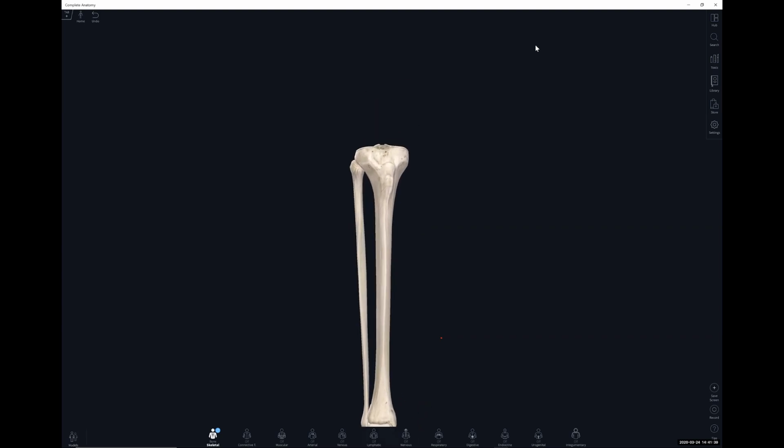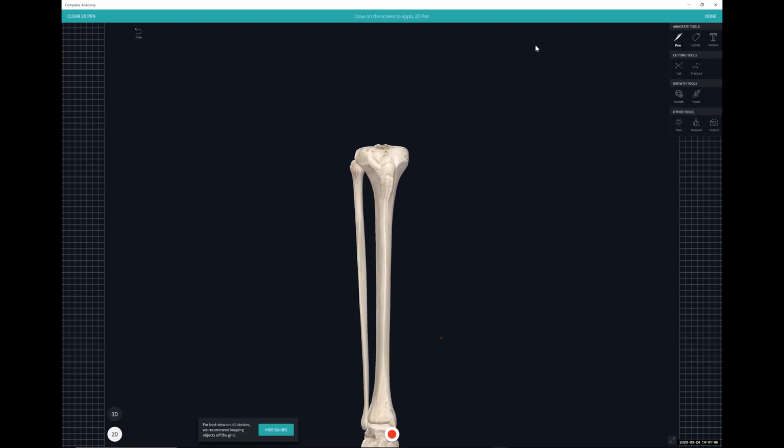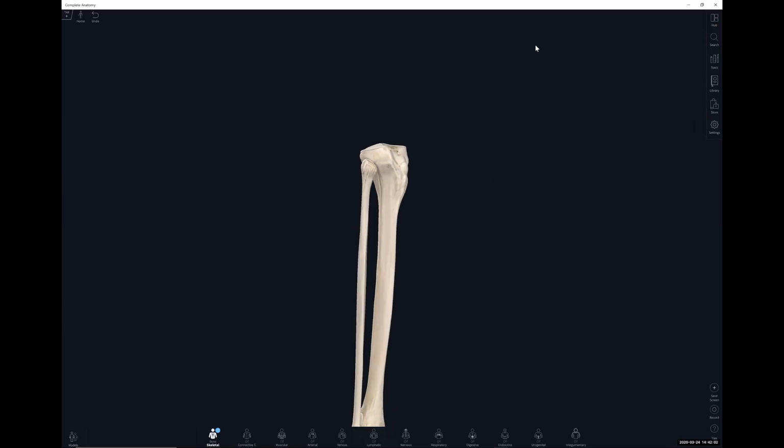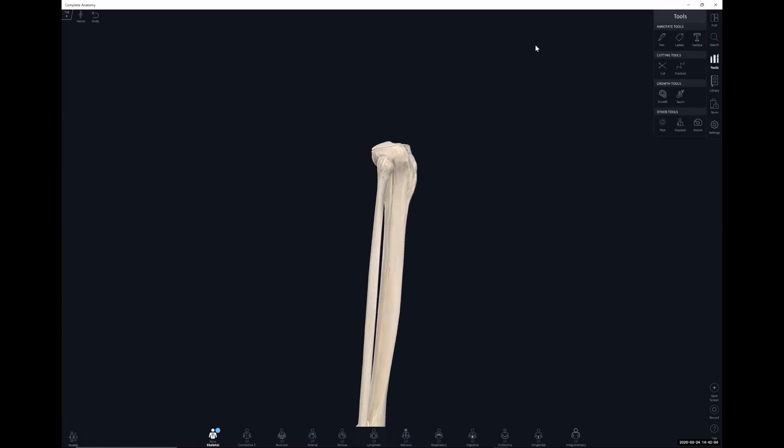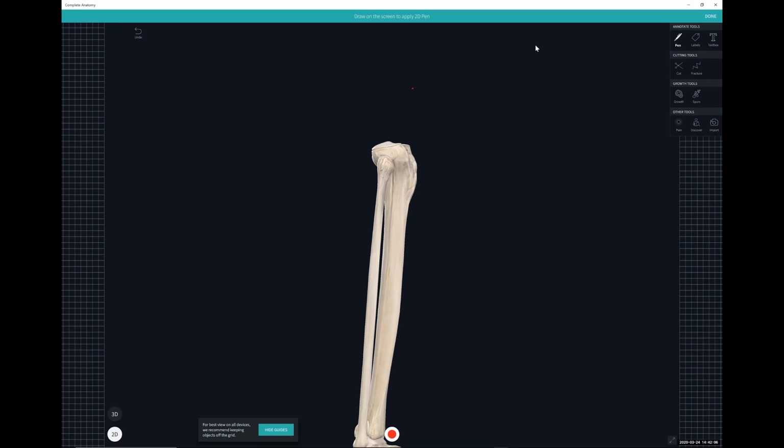If I said, how many bones are there in the knee? Most often we would want to say 3, because I would have my femur, and then my tibia. And a lot of times people will throw in the fibula there. But notice something. If I drew on the femur here, there would be a gap.